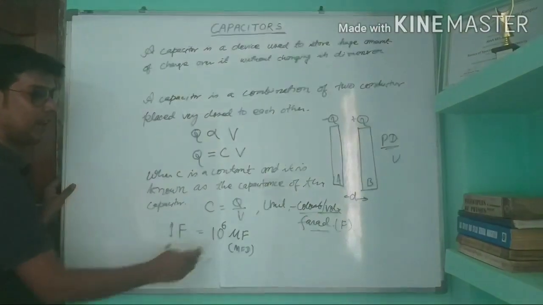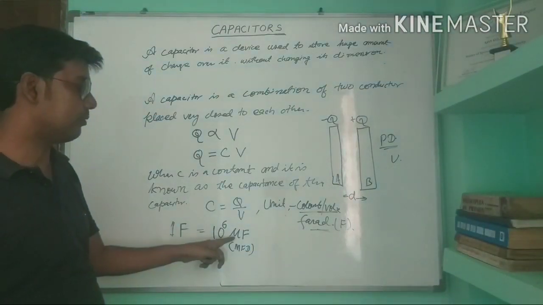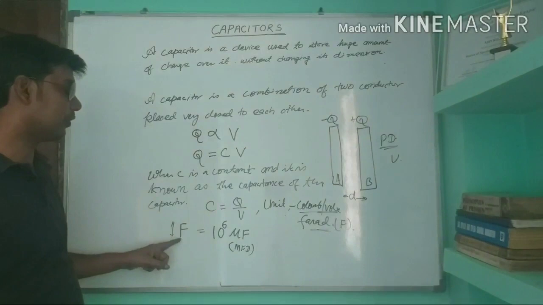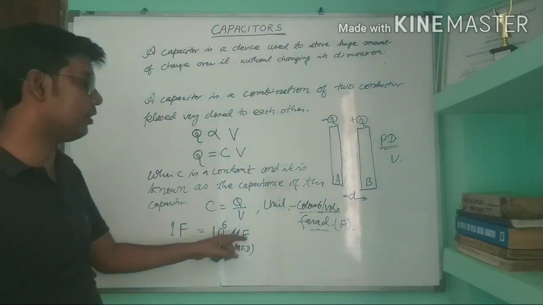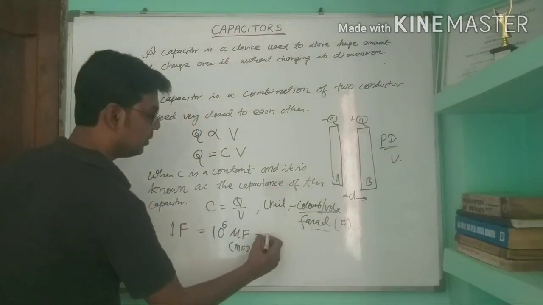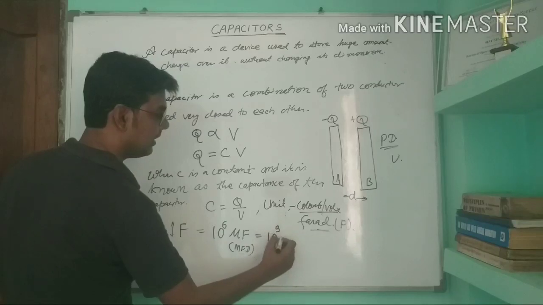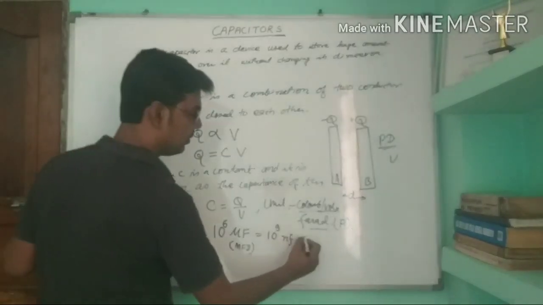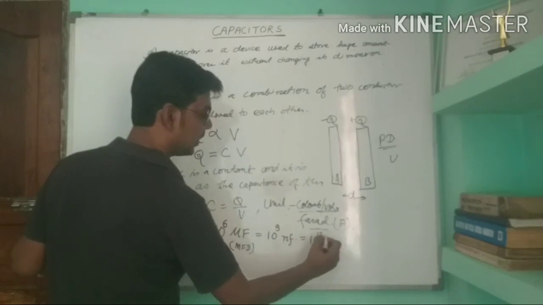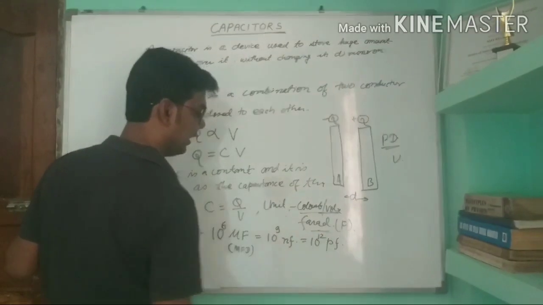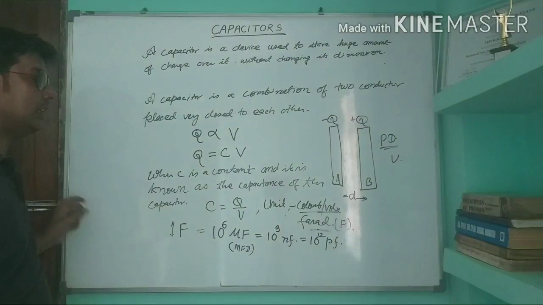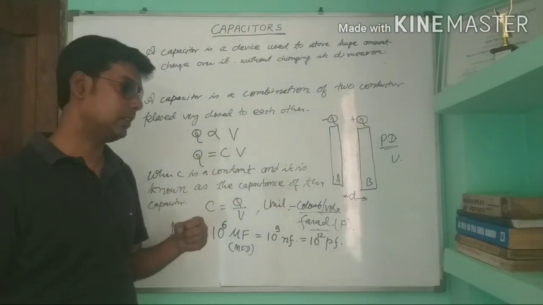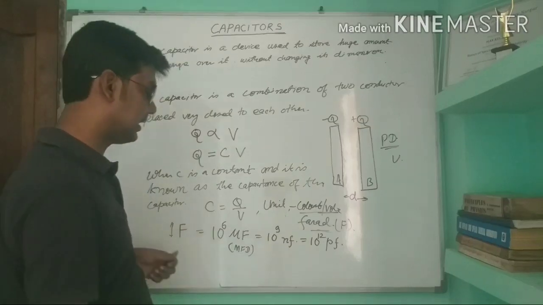So you will find in some capacitors, instead of microfarad, it's written MFD. And 1 farad is equal to 10 to the power 9 nanofarad, and it is equal to 10 to the power 12 picofarad. These are the very commonly used small units for a capacitor.